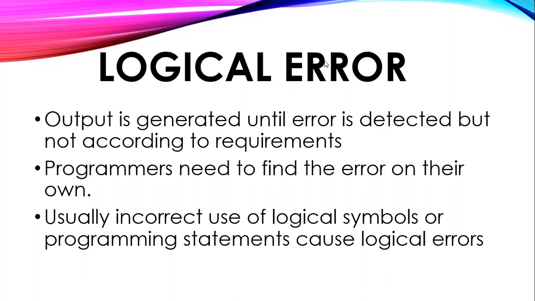Means due to logical errors, there is no issue in the production of output. The translator will produce the output on your screen, but that will not be according to our requirements. If the output appears on the screen and is not according to the requirement, it means there is a logical error in the program.